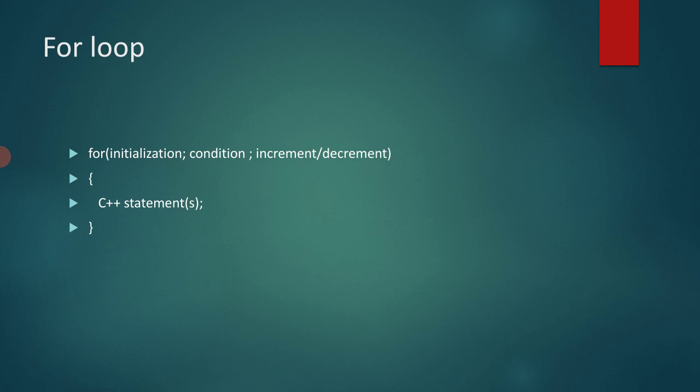If I initialize i equals 0, it means it will first print the number 0. Now the condition: I want to print the first 10 numbers, so I have to apply the condition as i less than 9, because the first 10 numbers are 0 to 9. So i less than 9.